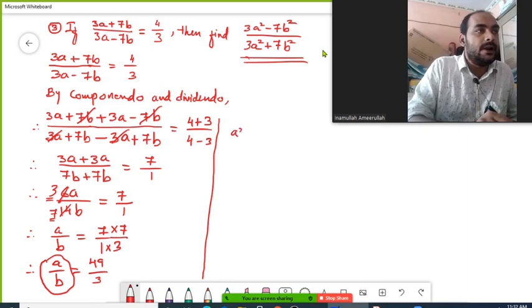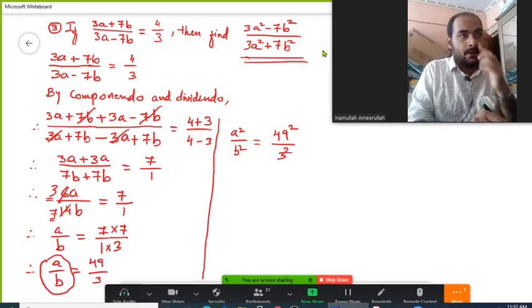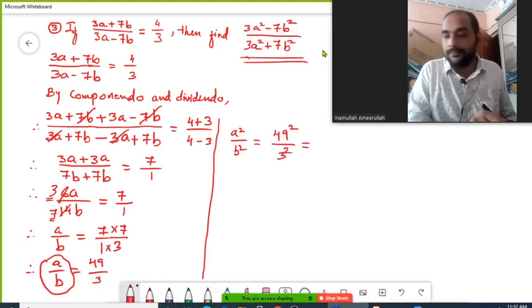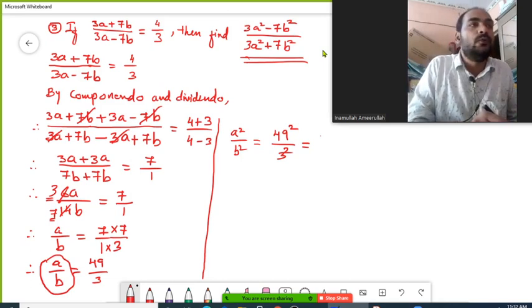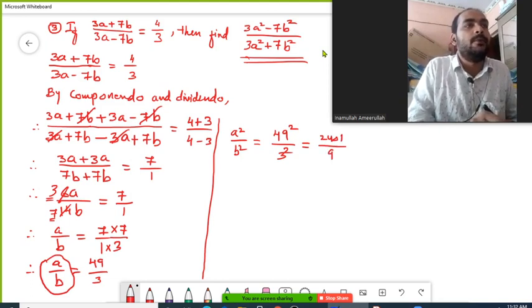So here I'll take a² upon b². When I take a² upon b², I'll do the same on the other side, that is 49² upon 3². So 49² is 2401 upon 3², that is 9. So a² upon b² is 2401 upon 9.